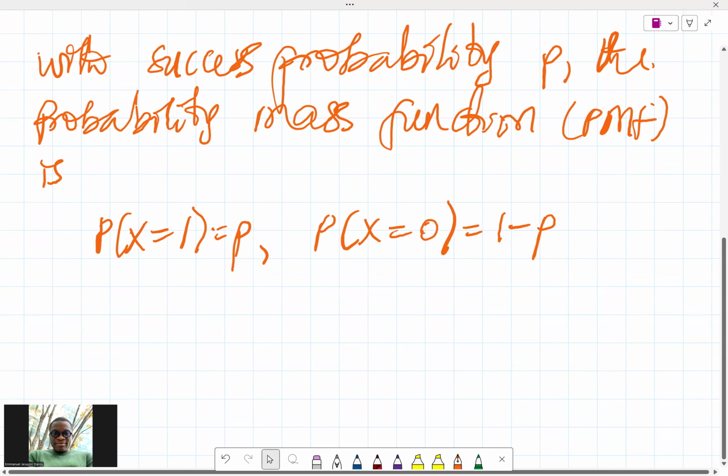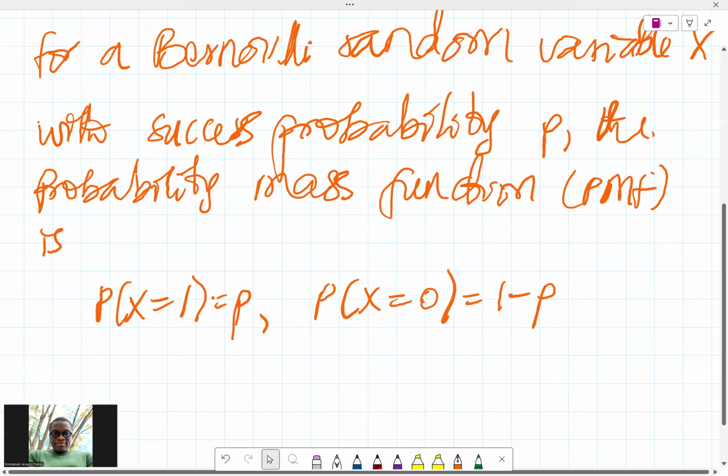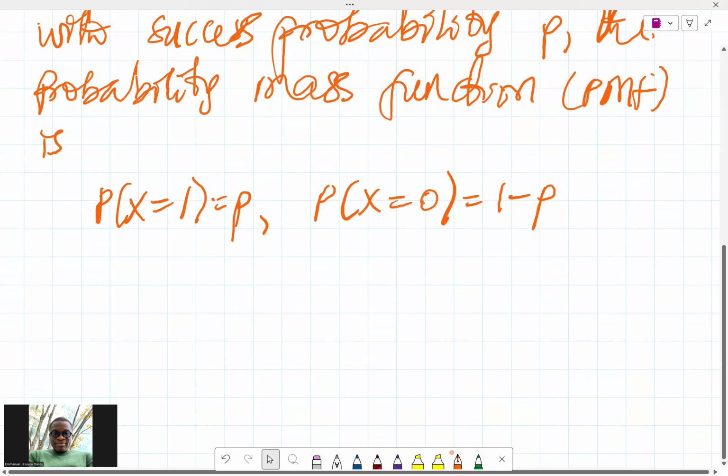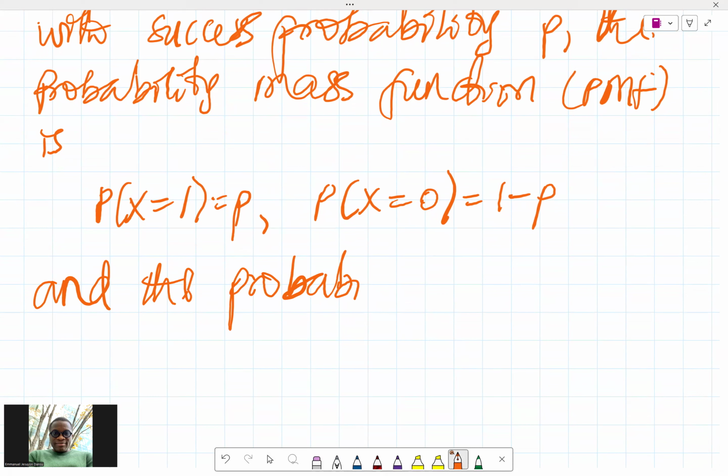So for a Bernoulli random variable X with success probability p, the probability mass function is this, and now the probability generating function.